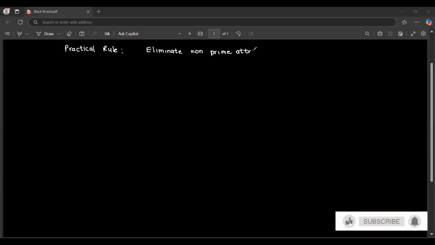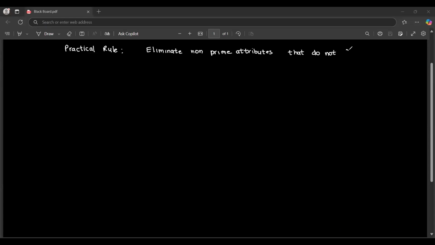So what is the practical rule? Well, we have to eliminate non-prime attributes that do not depend directly on the primary key.